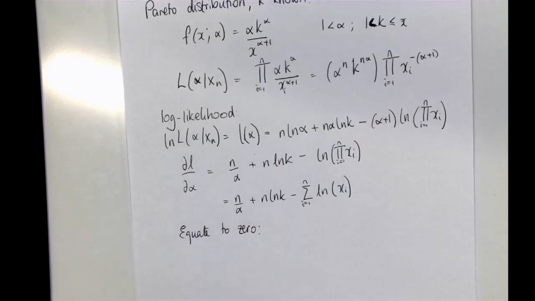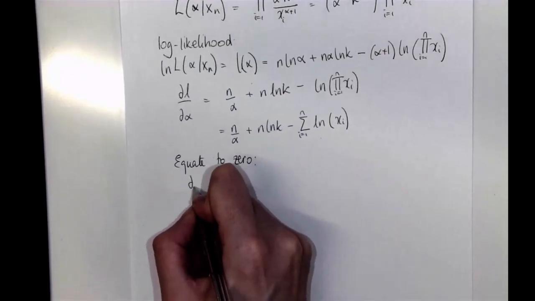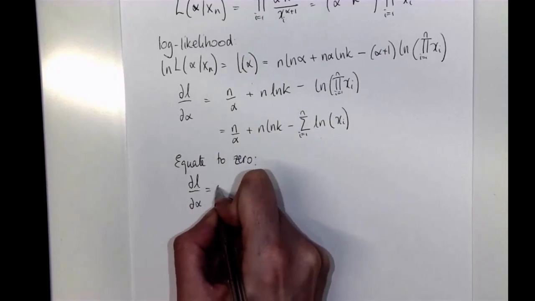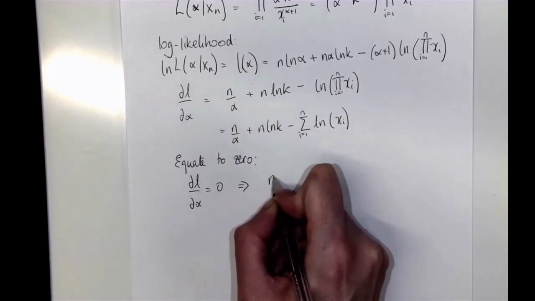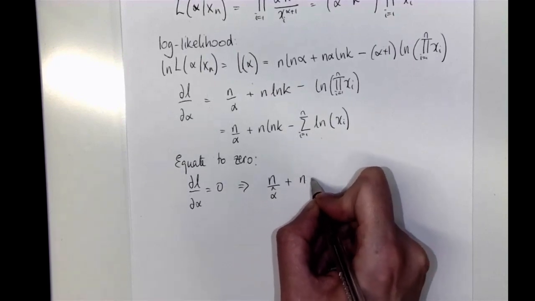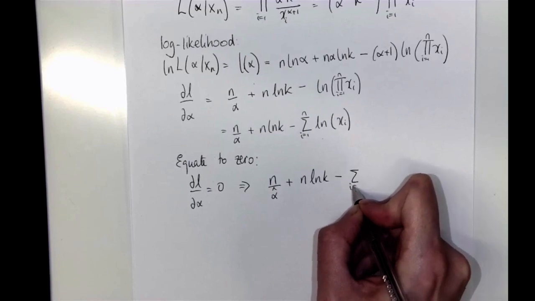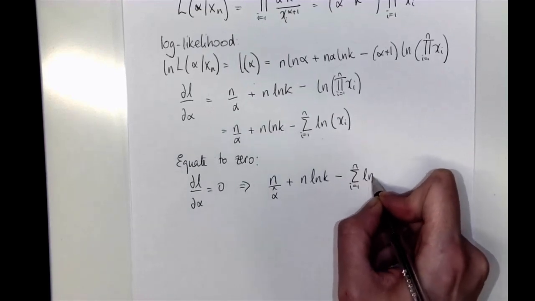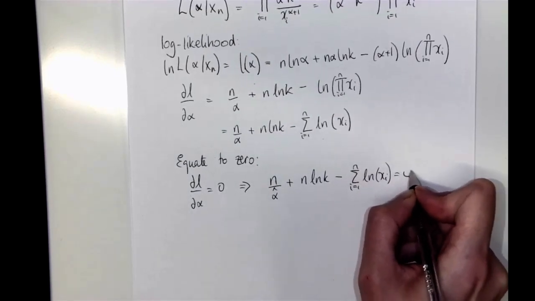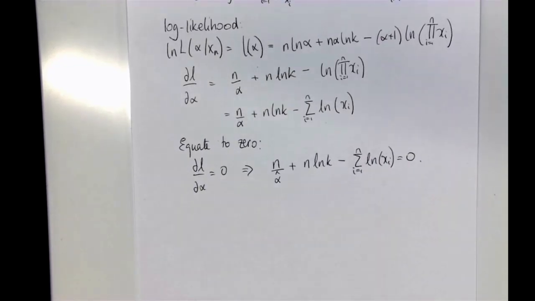And remember, when we equate to 0, we put hats on things. So we say dl d alpha equals 0 implies n over alpha hat plus n, the natural log of k, minus the sum of i equals 1 to n, the natural log of xi equals 0. We want to solve for alpha.